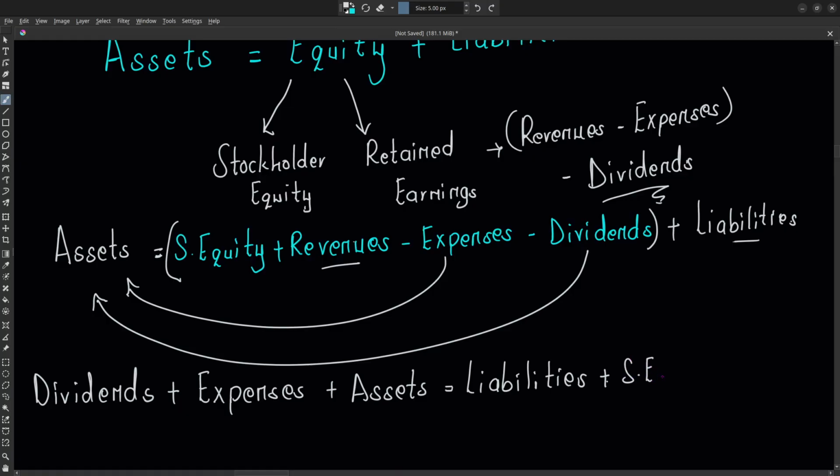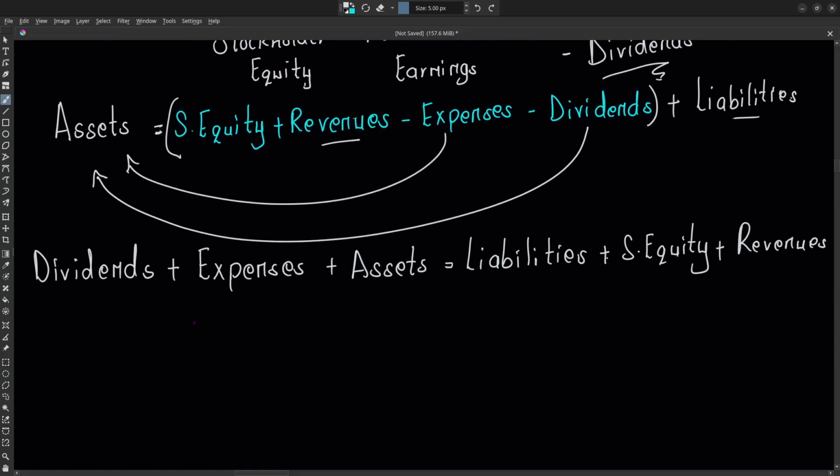So let's start with equity, and then also revenues, okay? To remember this, we use a word called DEALER. You're going to note DEALER is on the right side.